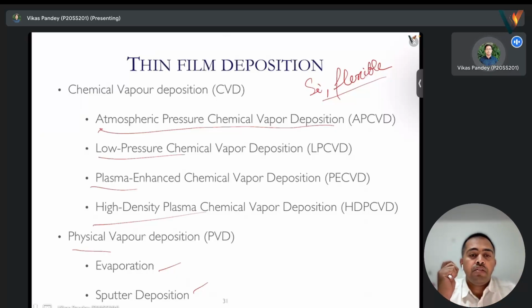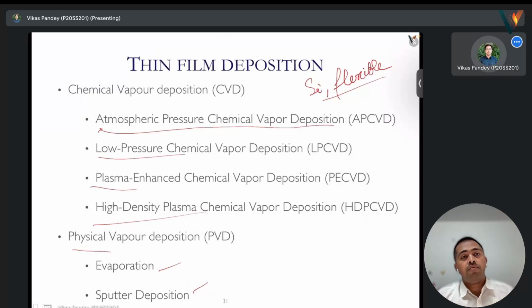In the case of physical vapor deposition, we have the material that we want to deposit, but we cannot directly put it on the wafer or substrate. So that has to be transferred using some specific technique. The most common one is heating it so much that it evaporates and deposits over the substrate.